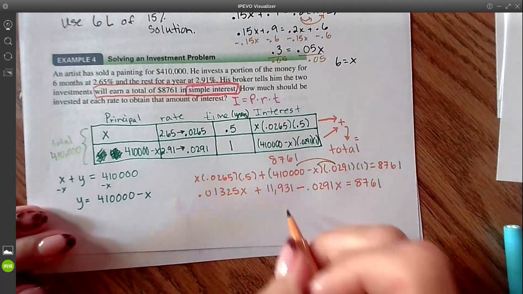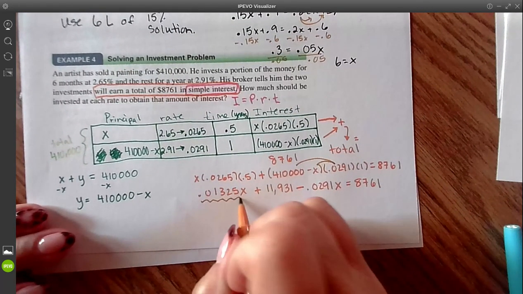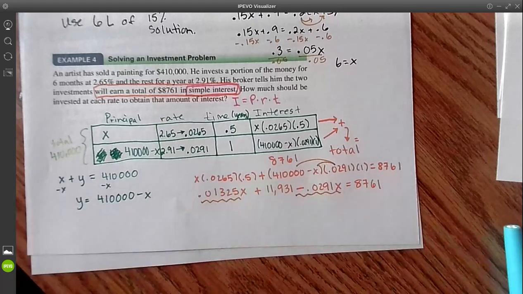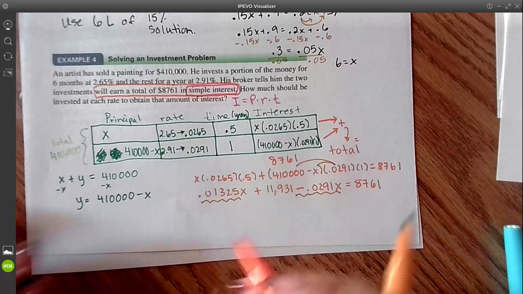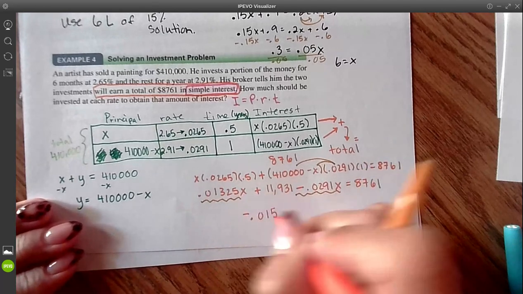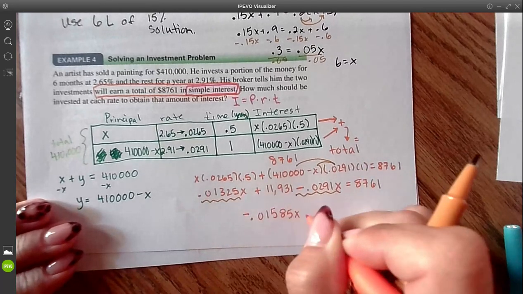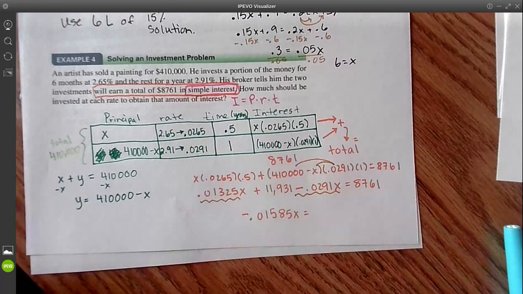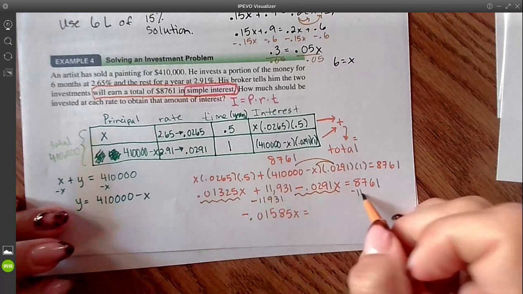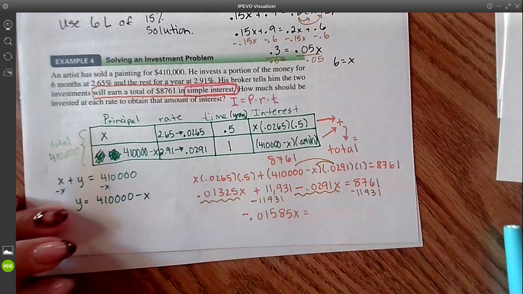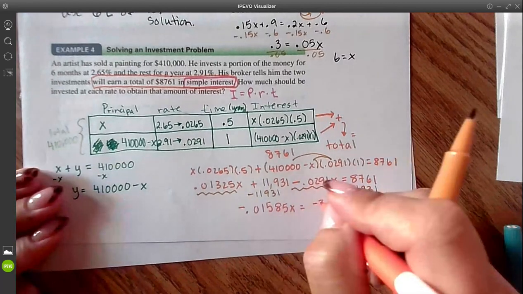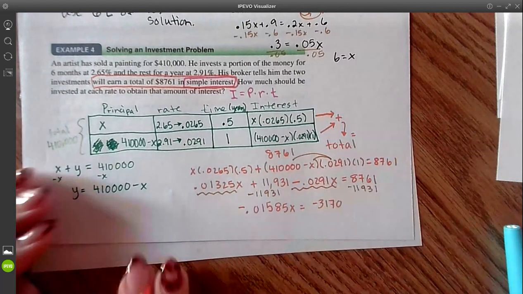All right, let's combine our like terms. So doing 0.01325x minus 0.0291x actually leaves me with a negative number, negative 0.01585x equals, and then I'm going to subtract 11,931 from both sides, which also gives me a negative value of negative 3,170.